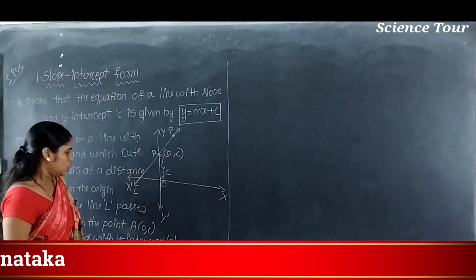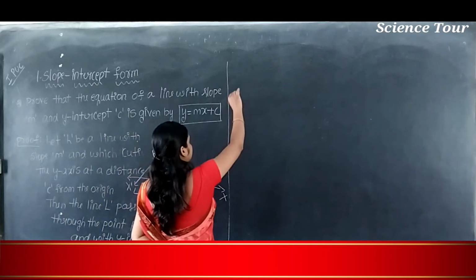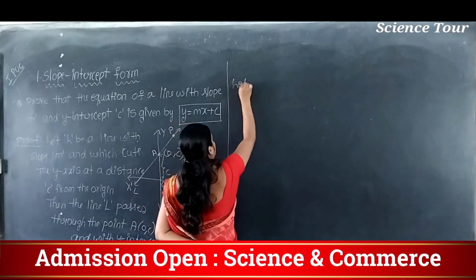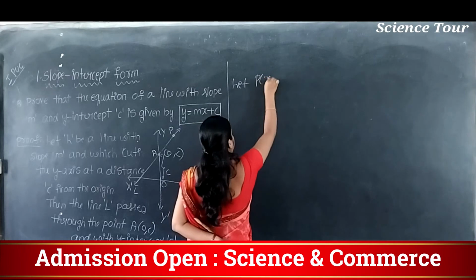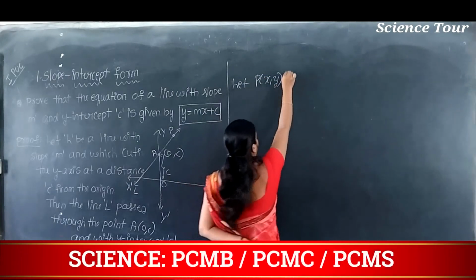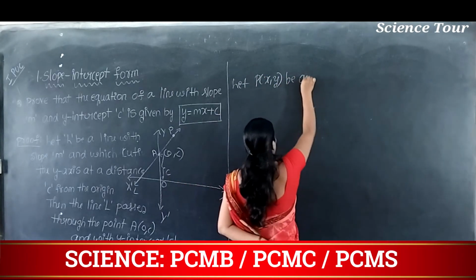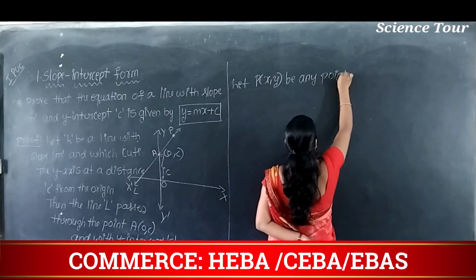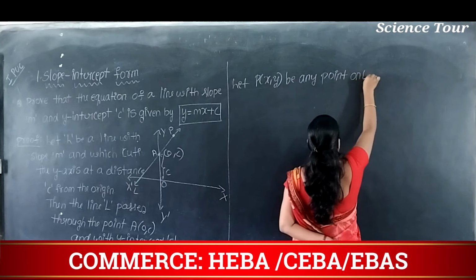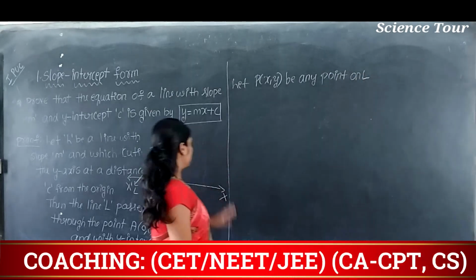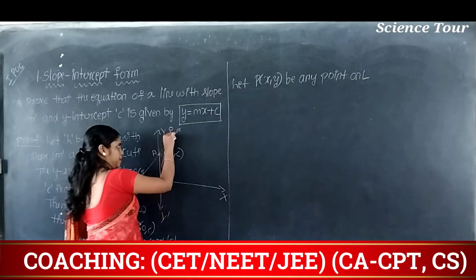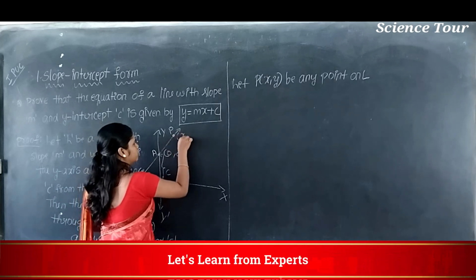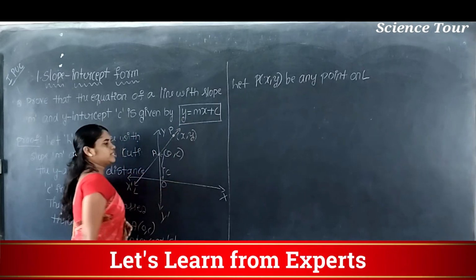Okay. So next, let P(x, y) be any point on L. See here, I consider this point P. Let the coordinate of this point be x comma y.